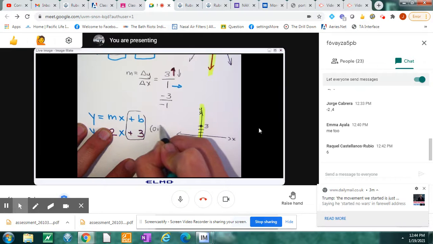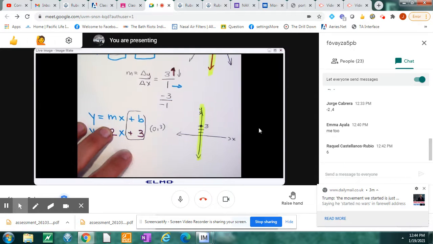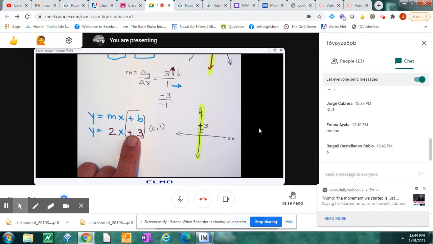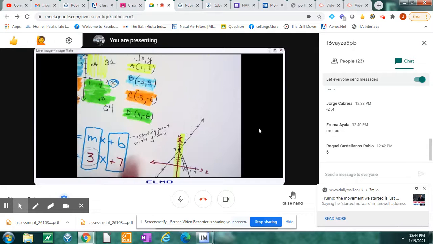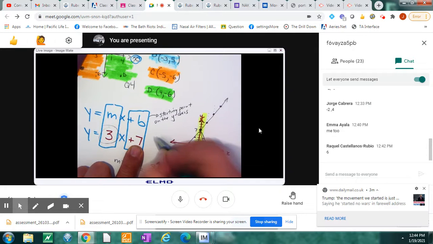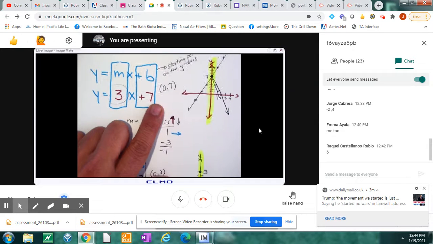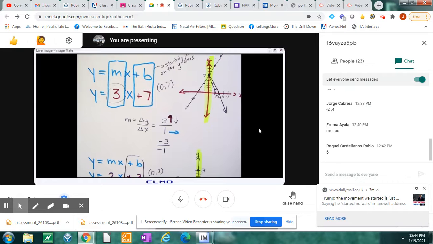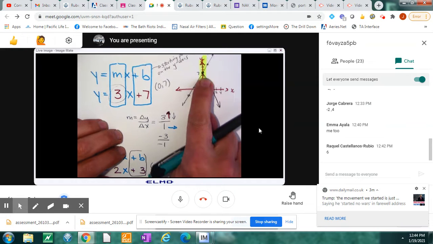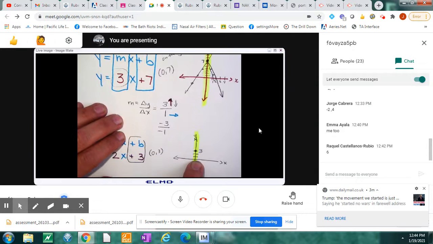So I should put that right there, 0,3. But here it's 3. But in the graph, it's 0,3. Just like this one. It's 7, but in the graph, it's 0,7. Because your x is 0 and your y is 7. X is 0 because there's your origin, y is 3.